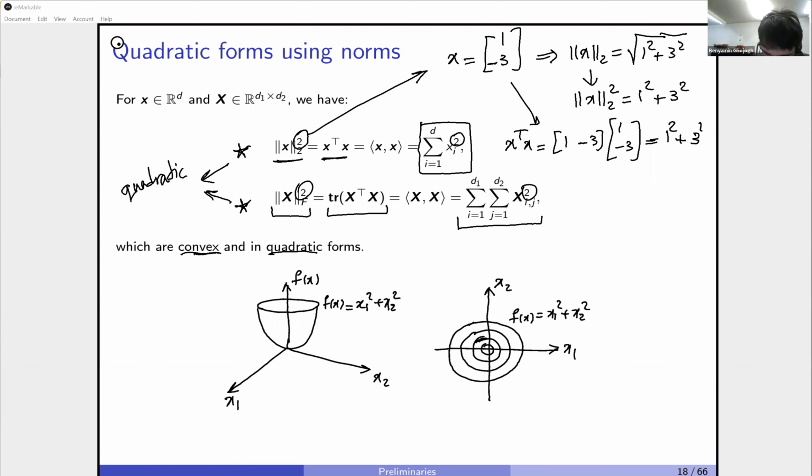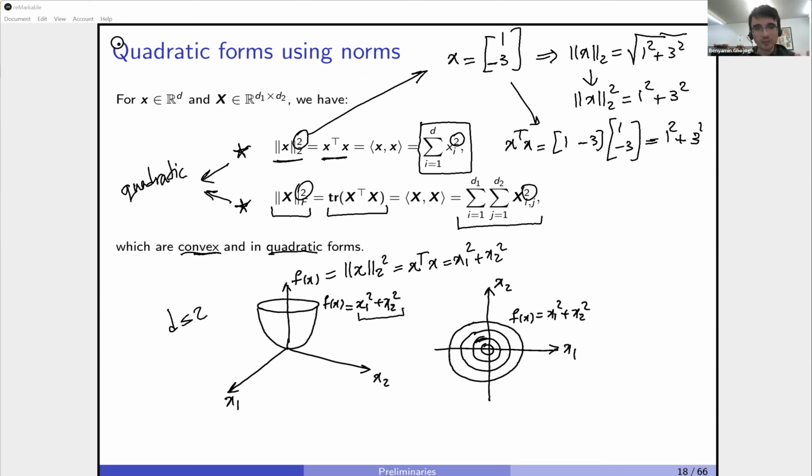Assume in two dimensions, x1 and x2 are the inputs, and the function is x1 squared plus x2 squared. You can see it's like a bowl coming up.